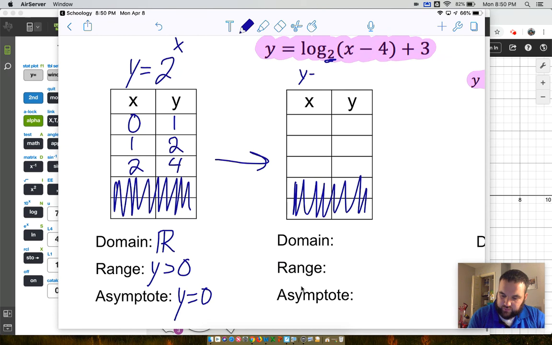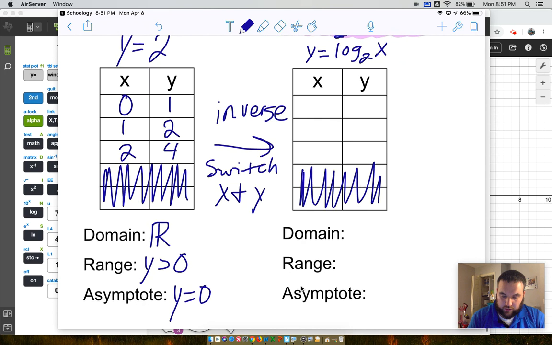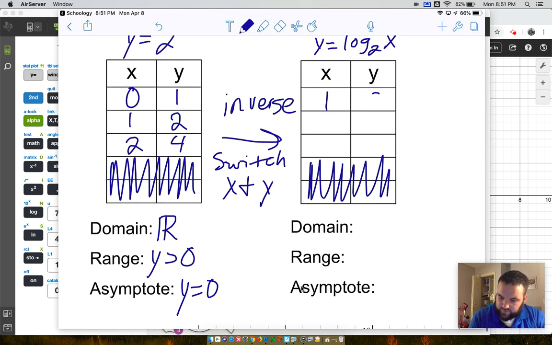The next thing we did was we said, okay, well, let's go to the inverse of that function, which is y equals log base 2 of x. And remember, with inverses, all we have to do is switch x and y around. So instead of 0, 1, this becomes 1, 0, 2, 1, and 4, 2.